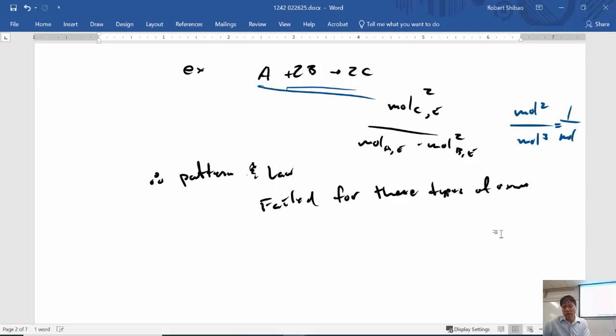So one, you could just use this pattern for only one type of reaction, or two, we've got to look for a new pattern that's consistent for all of them. And so a search for a new pattern began.